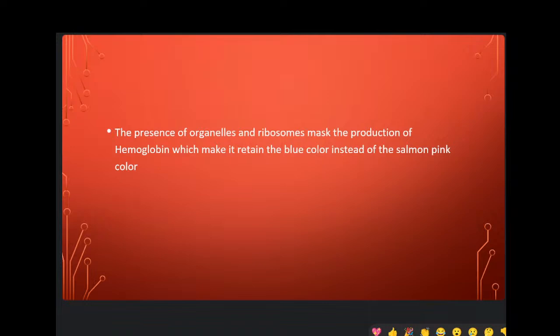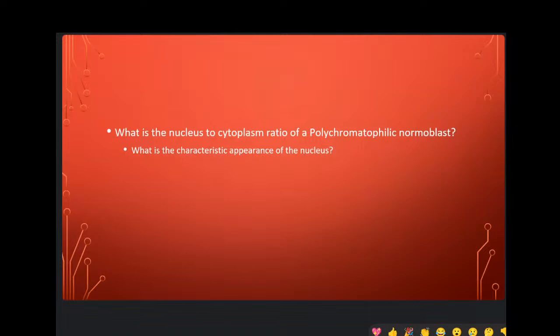Although the hemoglobin synthesis is higher, and there's active hemoglobin synthesis going on in these cells, the reason is the organelles and the ribosomes. Their products are still acidic. Okay? Let's go to the next one. We're going to the polychromatophilic normoblast.